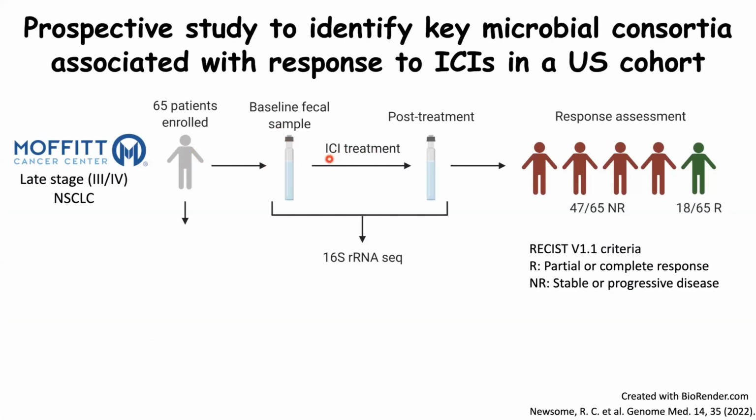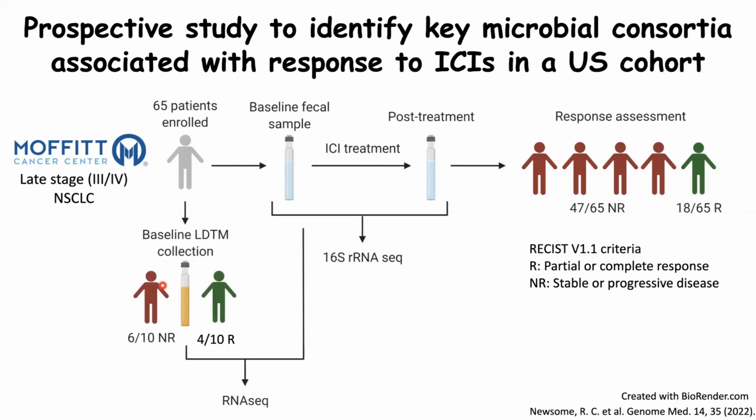These patients went into immune checkpoint inhibitor treatment, mostly PD-1. And then after treatment, responsiveness was assessed. So we got, again, 20% responders. And we collected some of these fecal specimens in preservatives, so the bacteria are alive, okay?